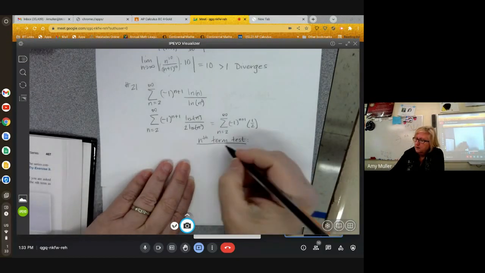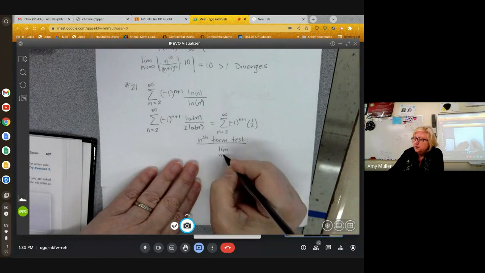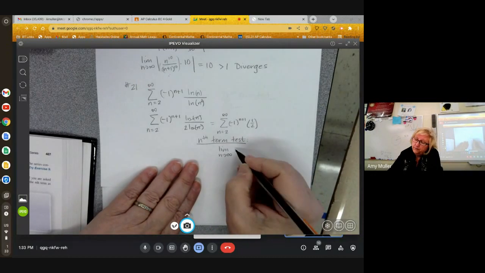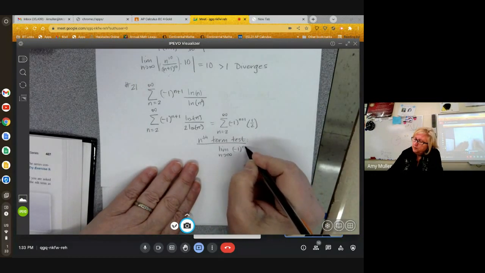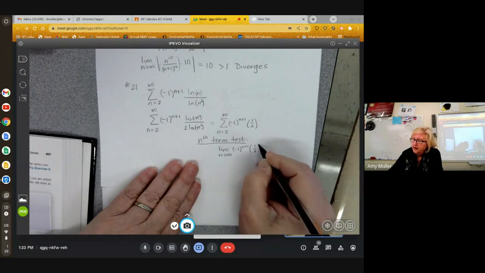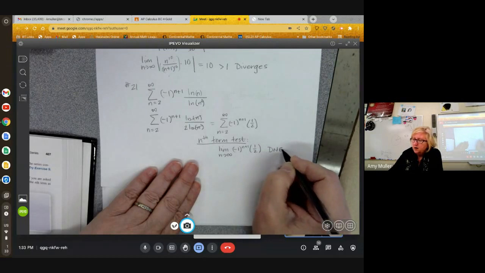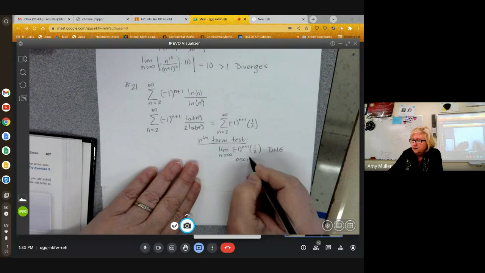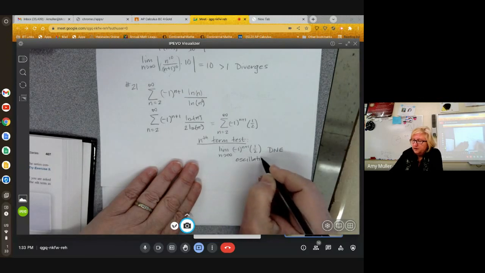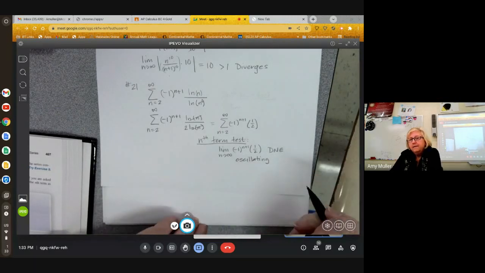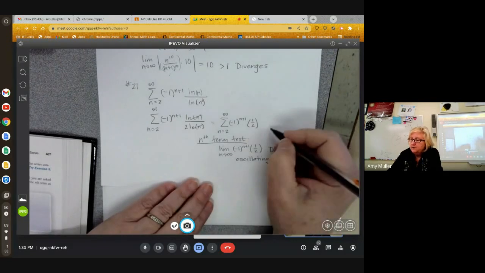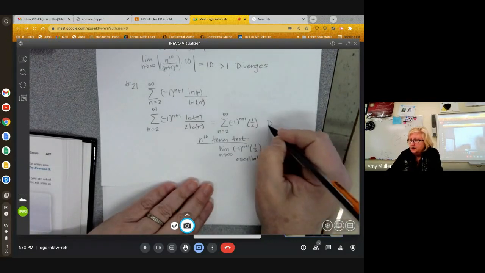I would do the limit as n goes to infinity of -1 to the n plus 1 of 1/2. This does not exist because it's oscillating between 1/2 and -1/2, so this diverges because the limit does not exist.